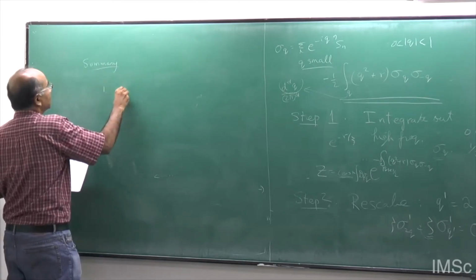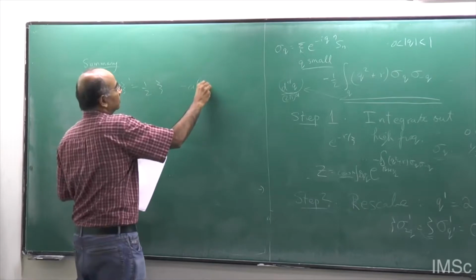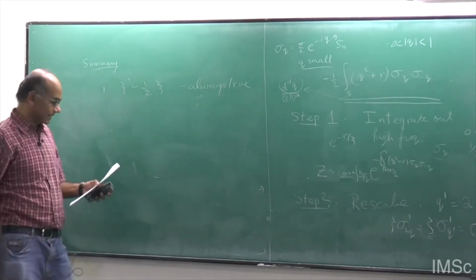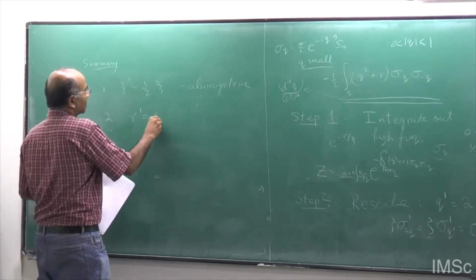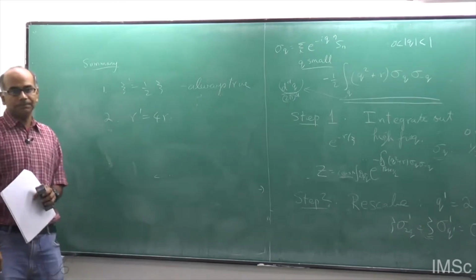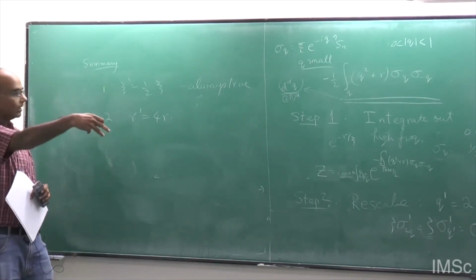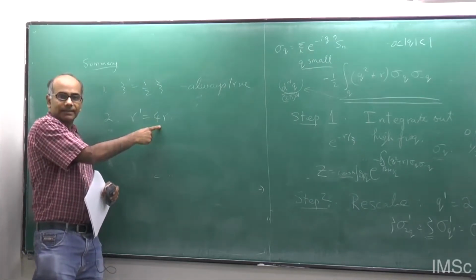So the first point is, this is always true, and I said this comes from dimensional analysis. The second point: in this particular model, R prime comes out to be 4R. This came out of a detailed analysis here, but in the case of mean field theory, this is also just dimensional analysis.